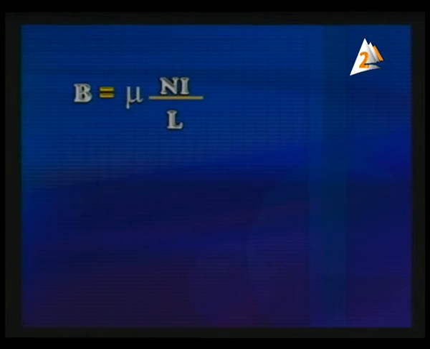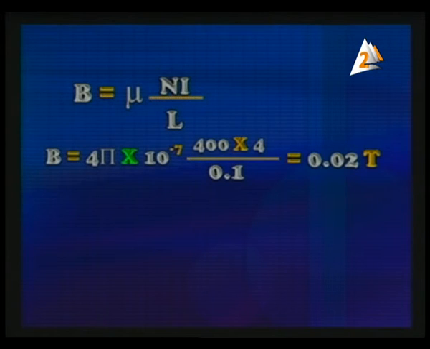Magnetic flux density of a solenoid is given by B equals permeability times N I over L, where N is the number of turns, I is the current through the solenoid, and L is the length. So B equals 4π times 10 power negative 7, times 400 times 4, over the length, which is 10 centimeter, 0.1 meter.